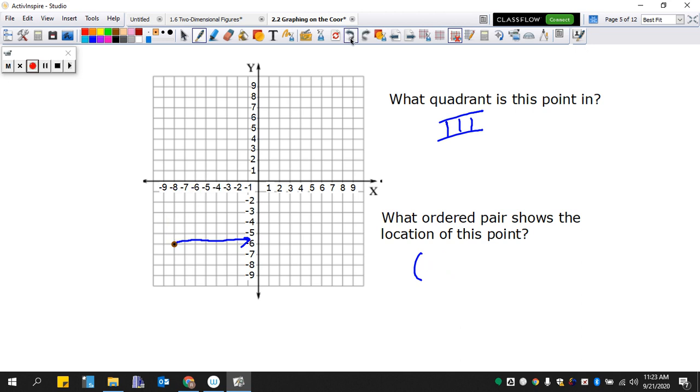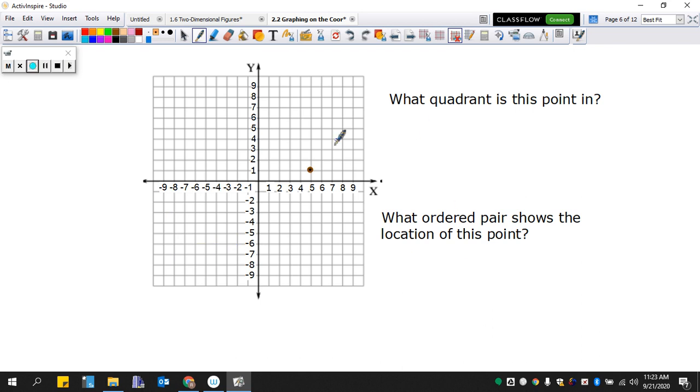Let me look again. The x value is at -8, and the y value is at -6. So the location there is (-8, -6).